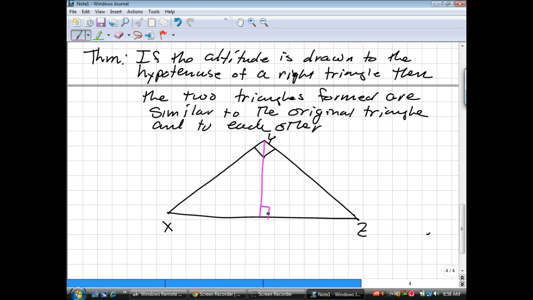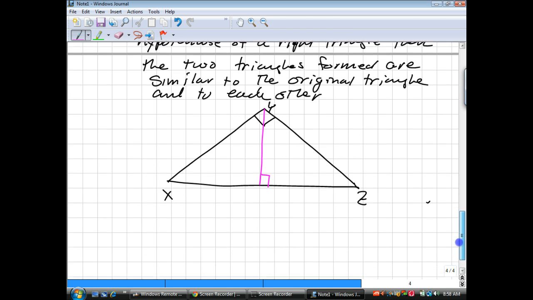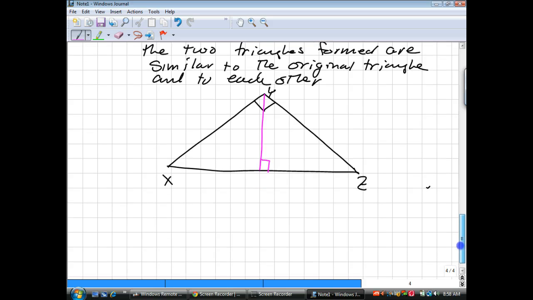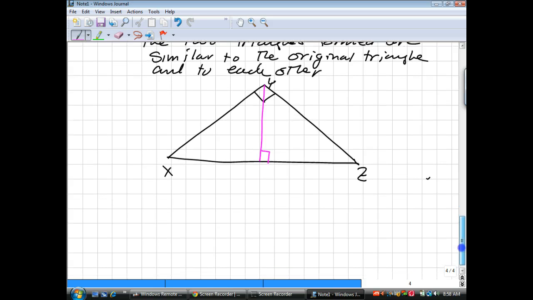Okay, then that altitude forms two additional triangles. Okay, and those triangles, according to this theorem, are similar to each other and to the original triangle. Okay, so we'll say this is point A.